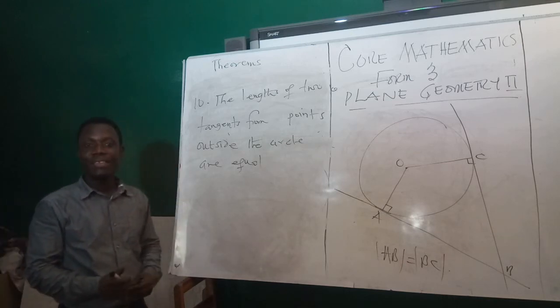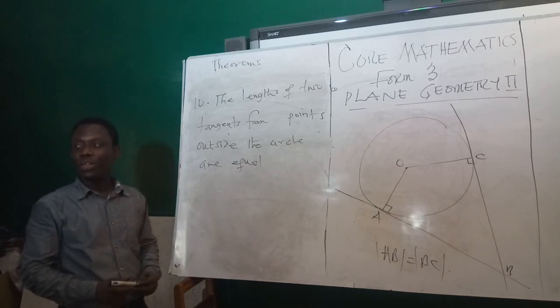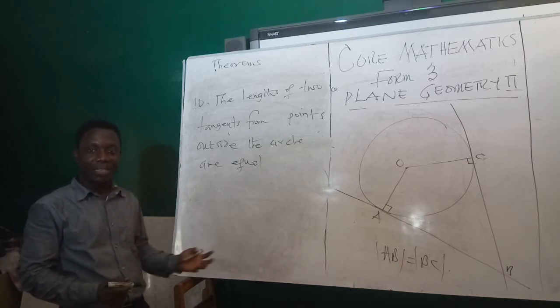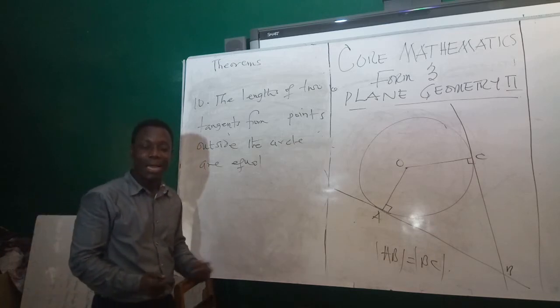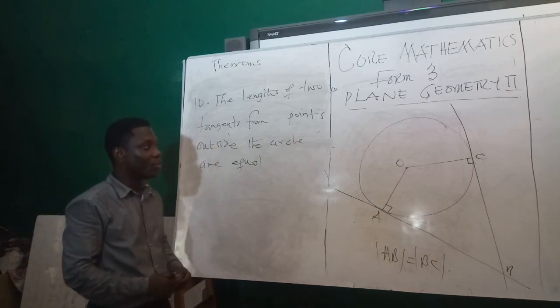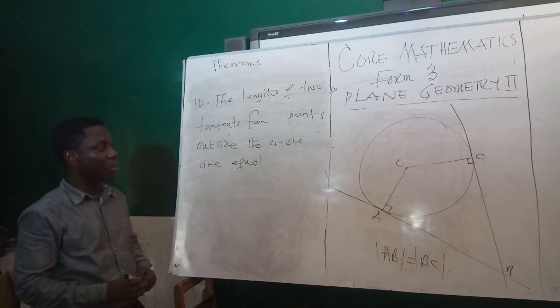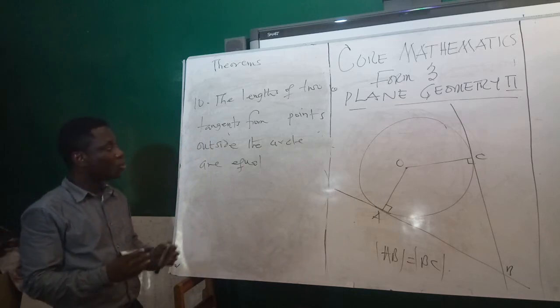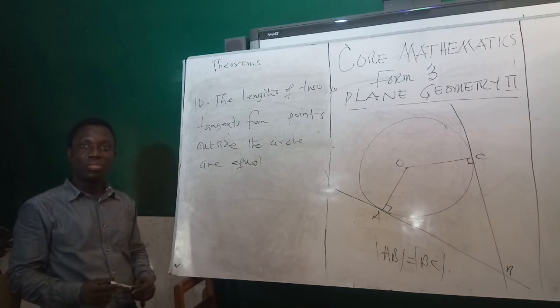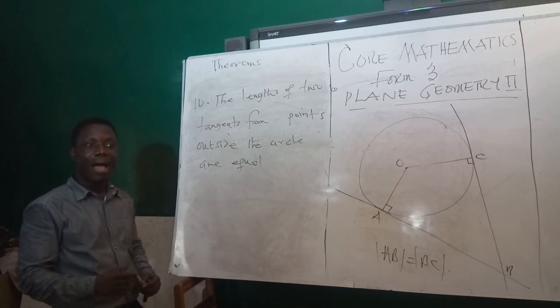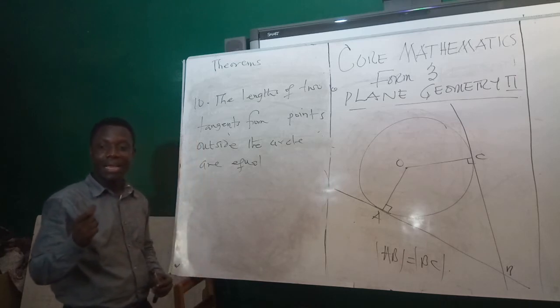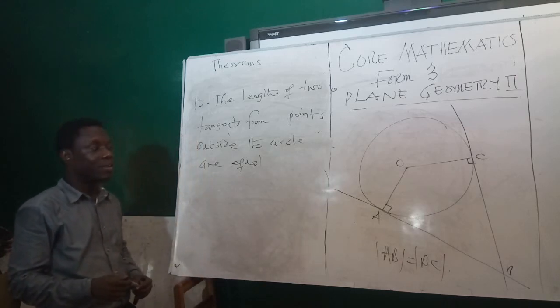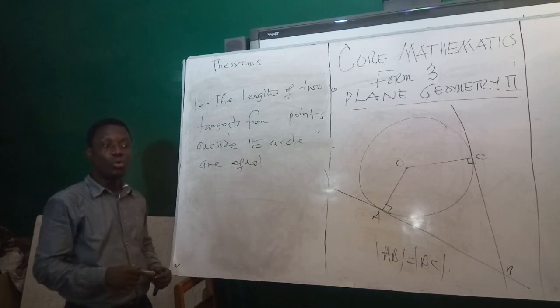So ladies and gentlemen, and in this case, if I'm referring to only Opoku students, I'm talking about gentlemen, but I know that other students from other schools will probably have the opportunity of also taking this material and looking at it. But in short, I'm saying that these are the theorems. And you remember in our lesson objective, we said that at the end of the lesson, you should be able to state all the theorems.